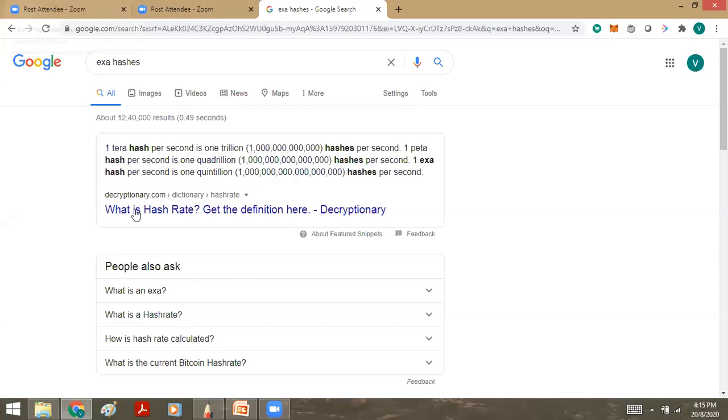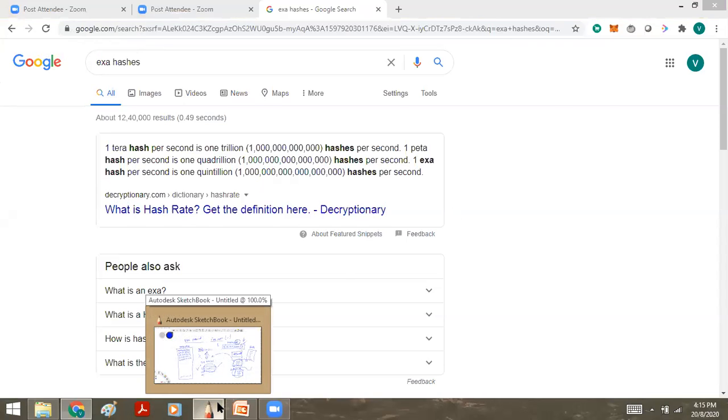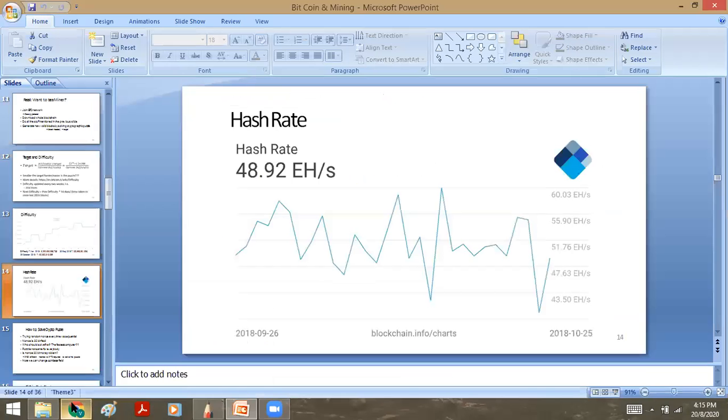So those many hashes are calculated across the network. At least in 2018, 48.92 exa hashes per second are calculated by all the nodes in the network.